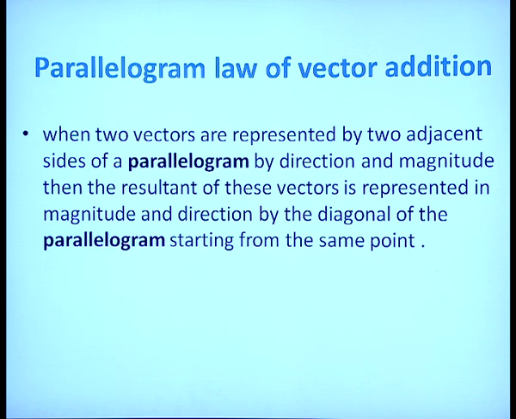When 2 vectors are represented by 2 adjacent sides of a parallelogram by direction and magnitude, then the resultant of these vectors is represented in magnitude and direction by the diagonal of the parallelogram starting from the same point.